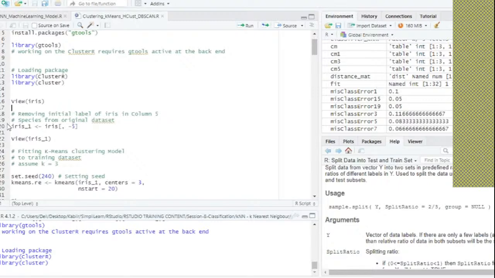So in line number 20, I'm just removing column 5, because I want to cluster based on the 4 columns: sepal length, sepal width, petal length, and petal width. So I remove that and create a new data set, iris1. I think these are the steps you know already.